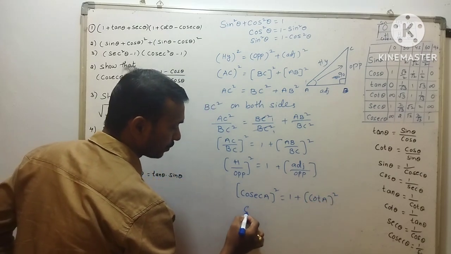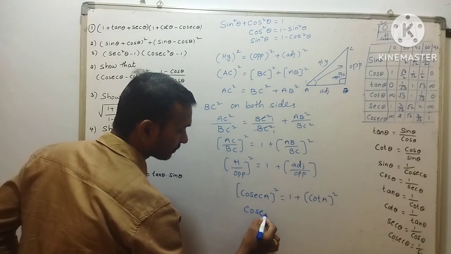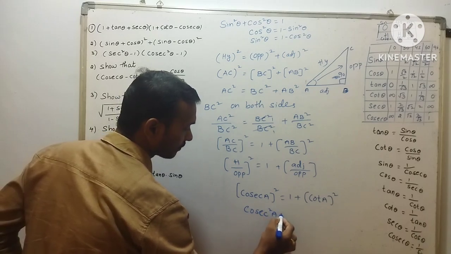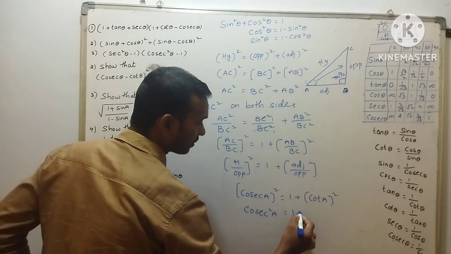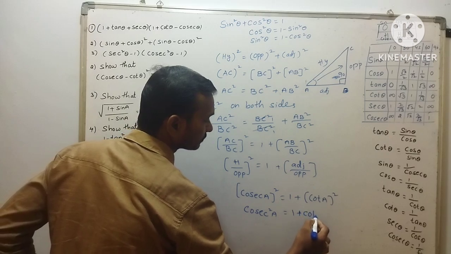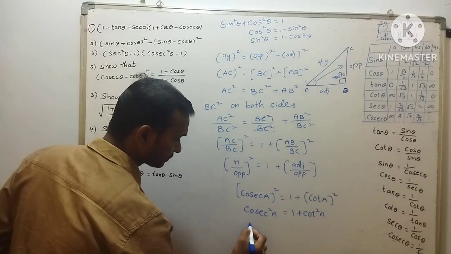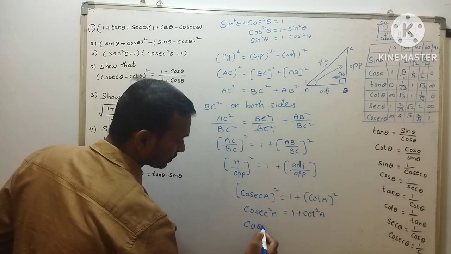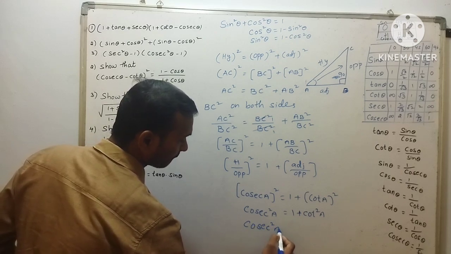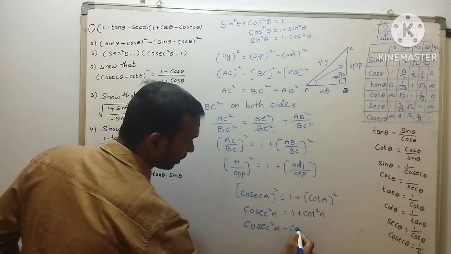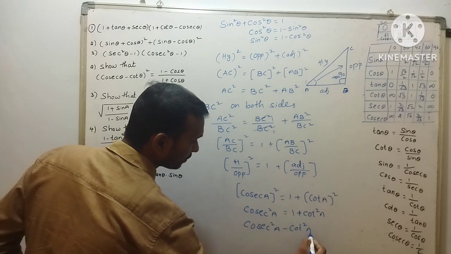So that is cosec square A equals 1 plus cot square A. If we bring this 1 to the left side, cosec square A minus cot square A is equal to 1.